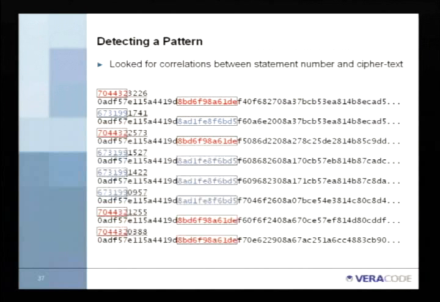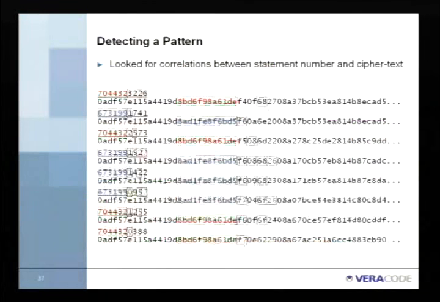So now let's take a look at the remaining 4 digits of the statement number and see if there are any parallels there. Appreciate this slide. It took a long time to make. So when a 1 appears at position 7 in the plaintext statement number, you see an F6.